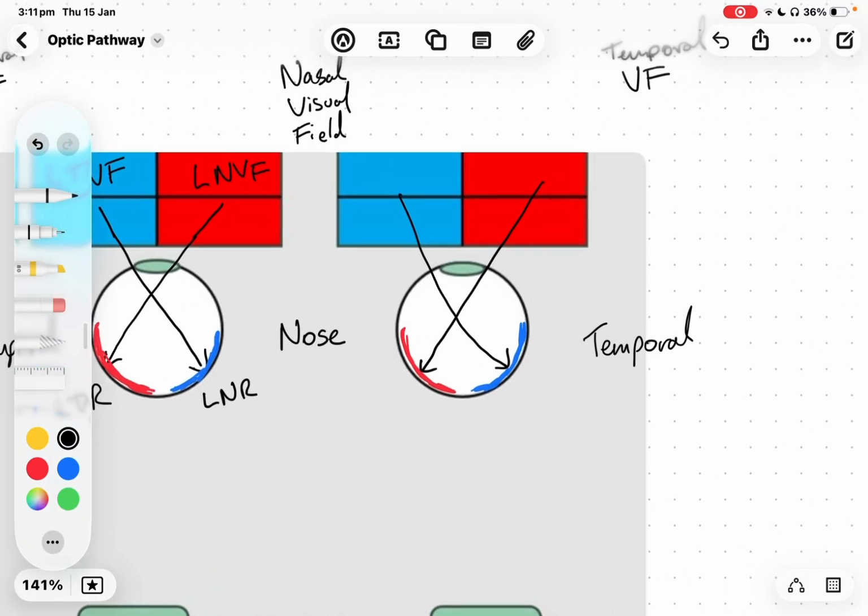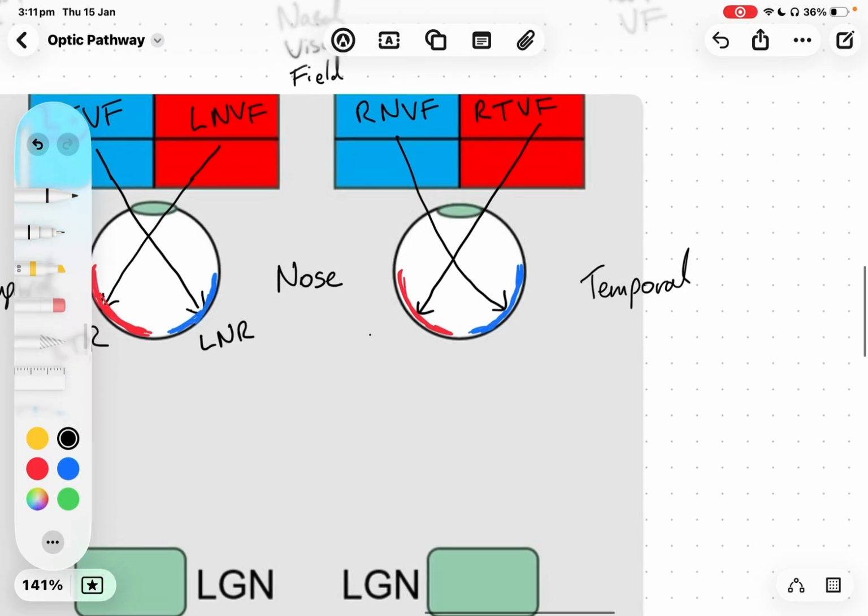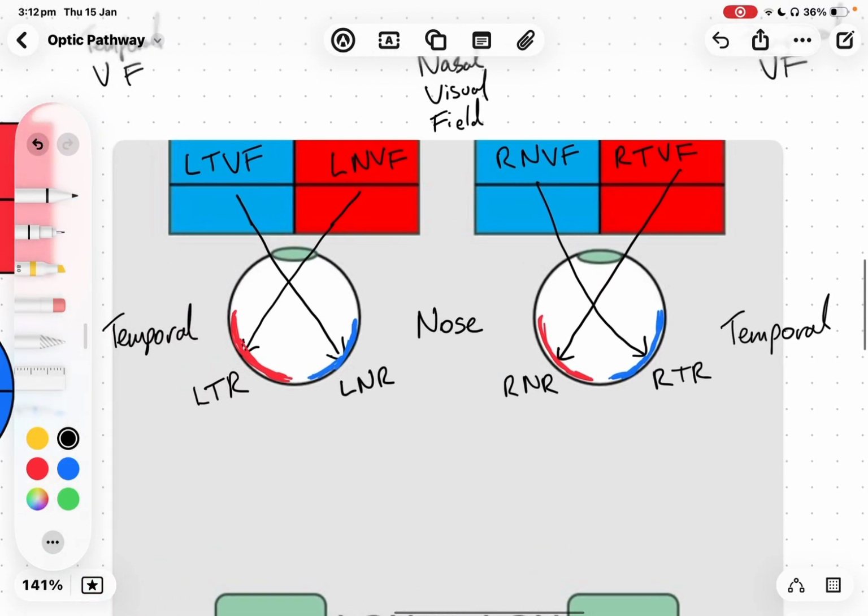And then we come over here, we have the right, because it's the right eye, the right nasal visual field. This would be the right temporal visual field. This is going to be detected by the right nasal retina, and this is going to be detected by the right temporal retina.